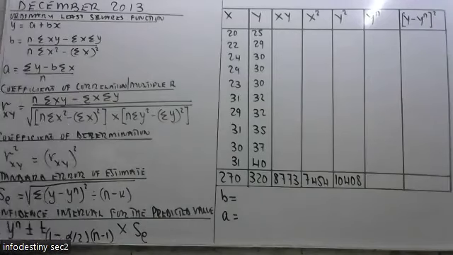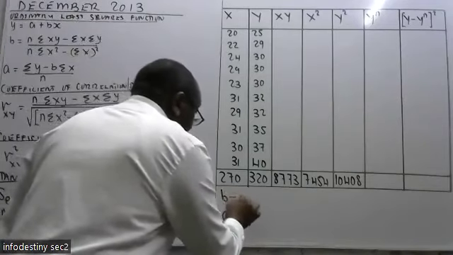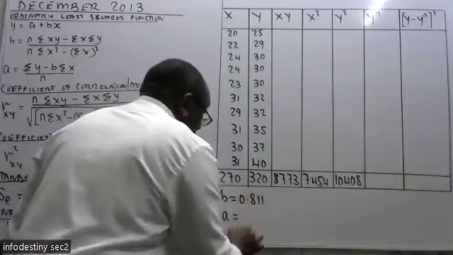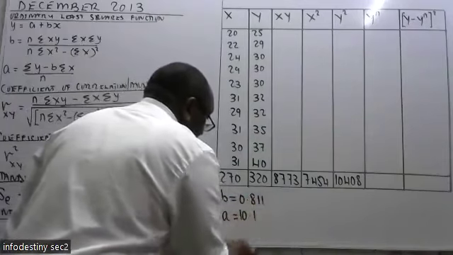The others, finish. Give me now the value of B. 0.81. The value of A, 10.1. Yes.